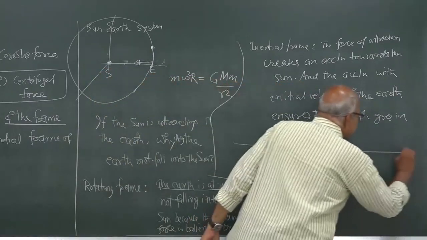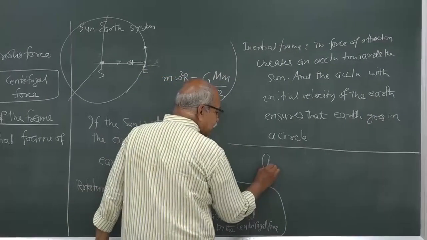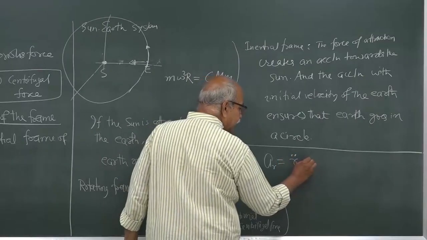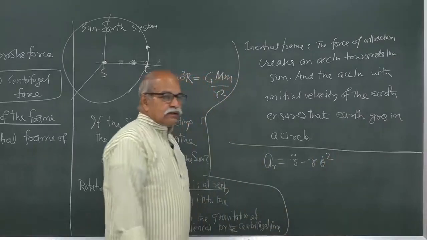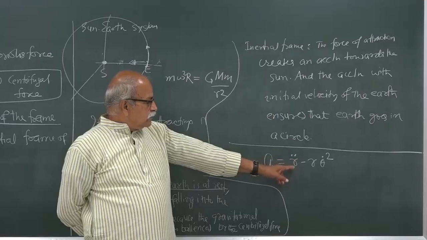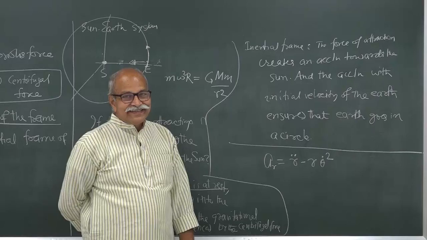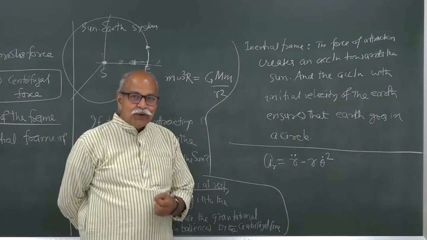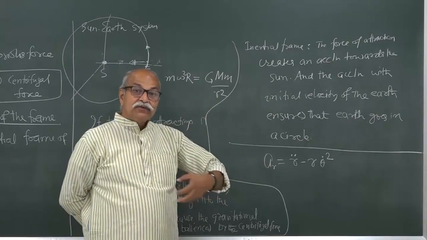On the other hand, you can also think that you remember the radial acceleration is r double dot minus r theta dot square. Okay. So, r double dot is the rate of change of r dot, and if initially r dot is 0 and r has some value, r double dot is also 0.